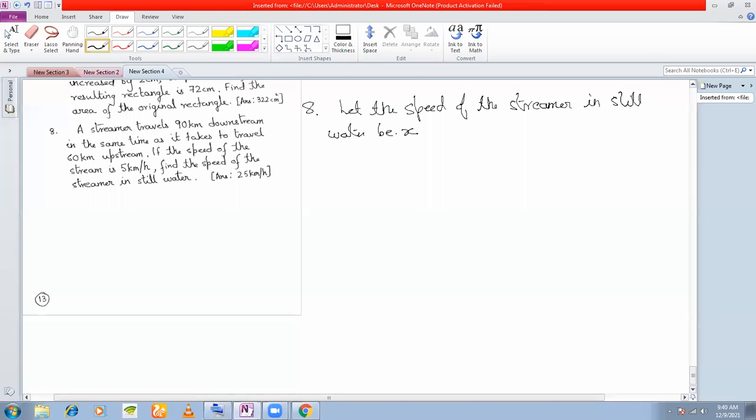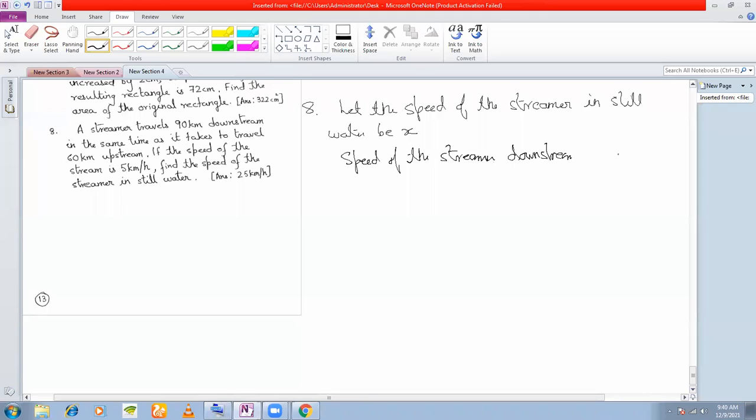Okay. So distance traveled is how much? Distance traveled downstream is how much? 90 kilometers, right? So the speed of the stream is how much? 5 kilometers per hour. So what is the speed of the streamer downstream? What is the speed of the stream given here? 5 kilometers per hour.